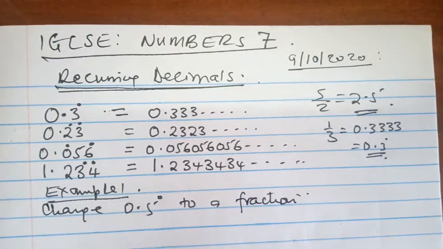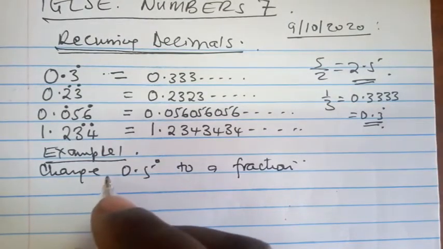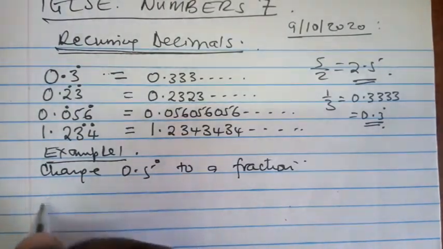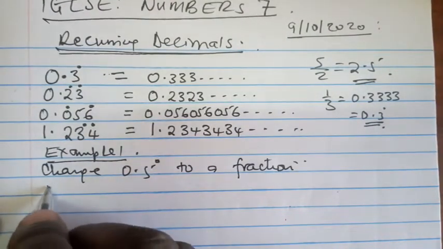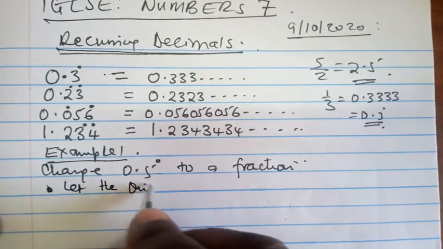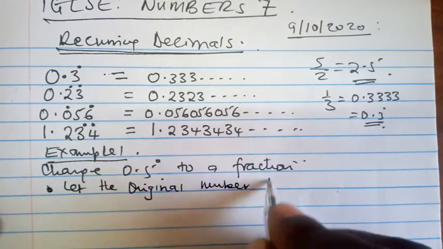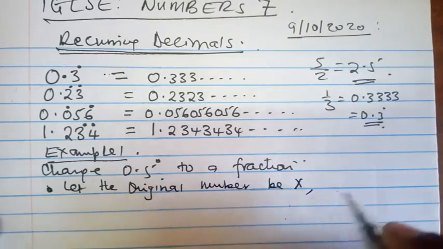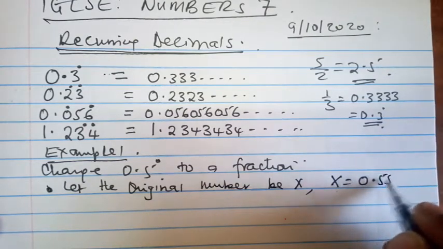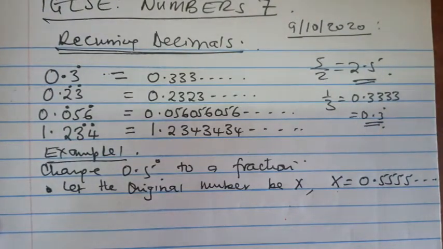Please follow me as I explain the steps. Step number 1: let the original number be x. And this is x equals 0.5555 and moving forward, because that was the original number.